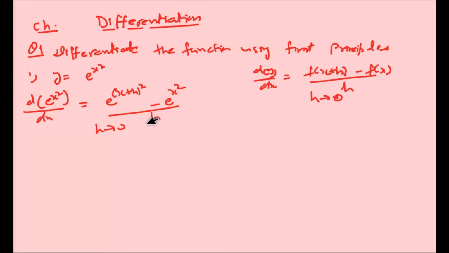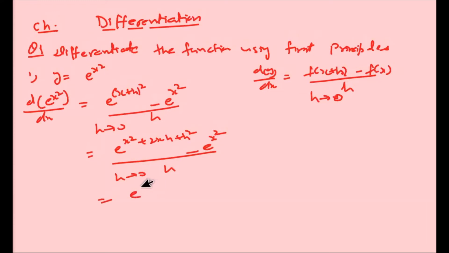Now we have to do the limit of this. So many methods we can use for the limit. So if I am explaining this, let it be e to the power x square plus 2xh plus h square minus e to the power x square upon h, h tends towards 0.